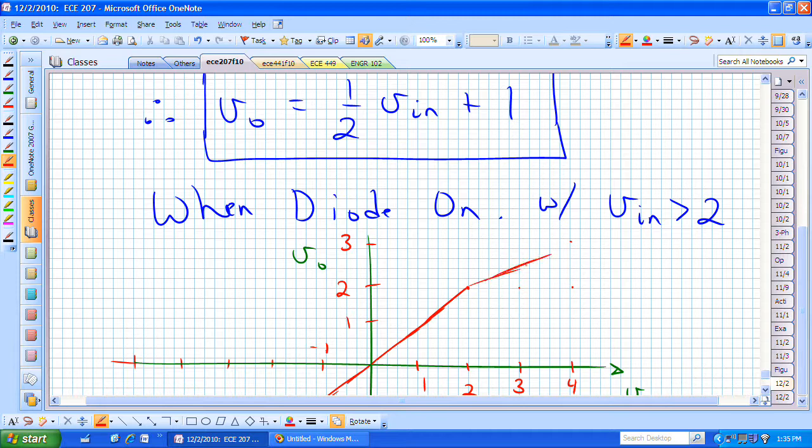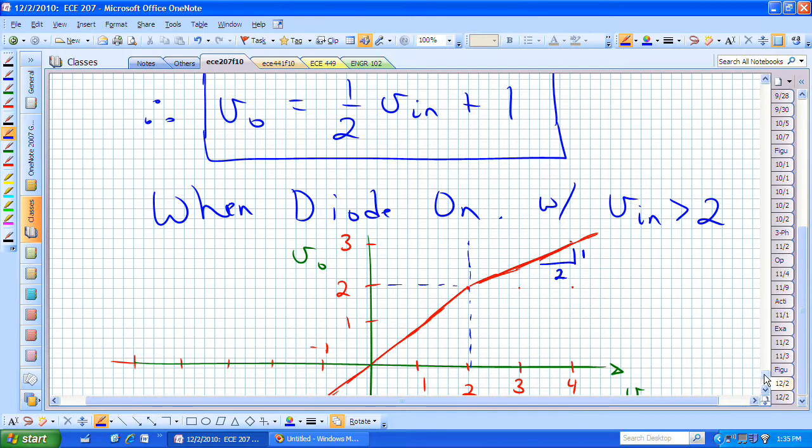And hopefully that indicates a little bit of a slope change. We're going up 1 and over 2 for our slope beyond this particular transition point, which was the point 2, 2.